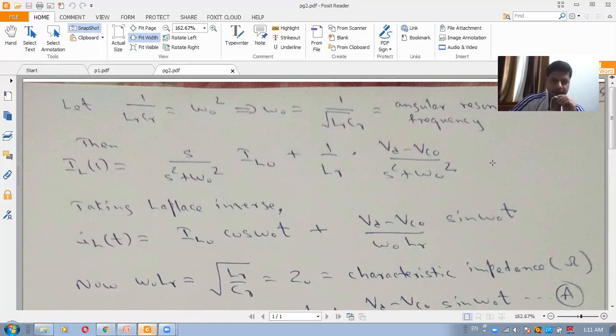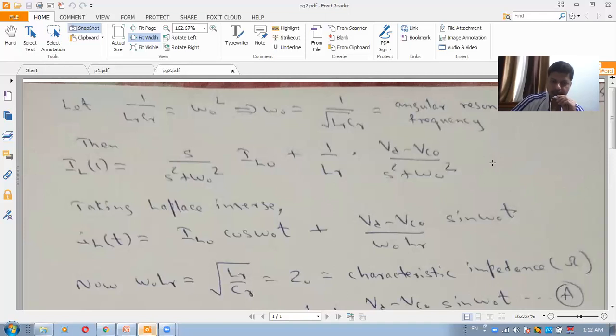Now if we take the Laplace inverse, IL of t becomes equal to IL0 into the Laplace inverse of S upon S squared plus omega 0 squared, which will be cos omega 0 t, plus Vd minus Vc0 upon LR, and the Laplace inverse of 1 upon S squared plus omega 0 squared will be 1 upon omega 0 sine omega 0 t.